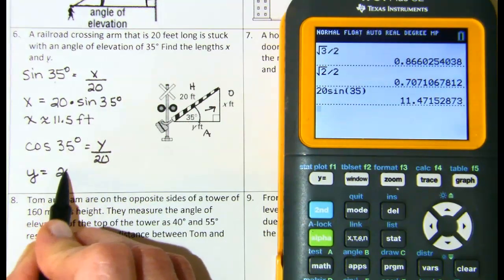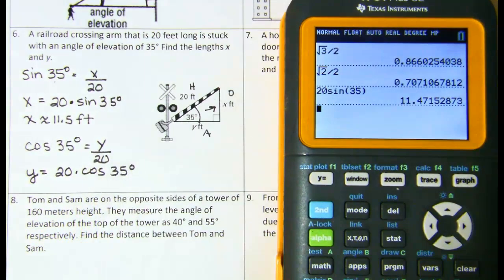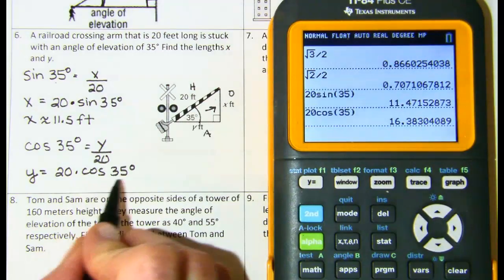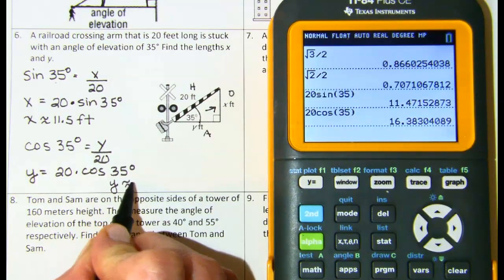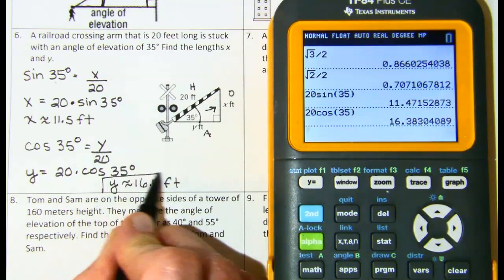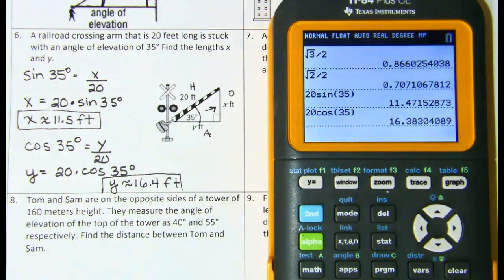Y equals 20 times cosine 35. Again, use the calculator to calculate that. 20 cosine 35. And I get Y is approximately 16.4 feet.